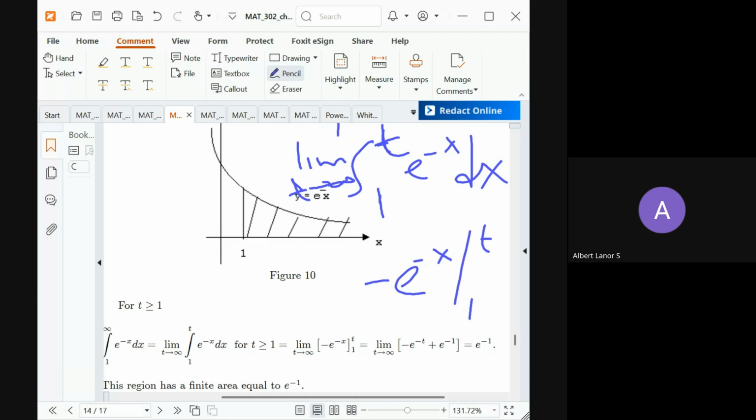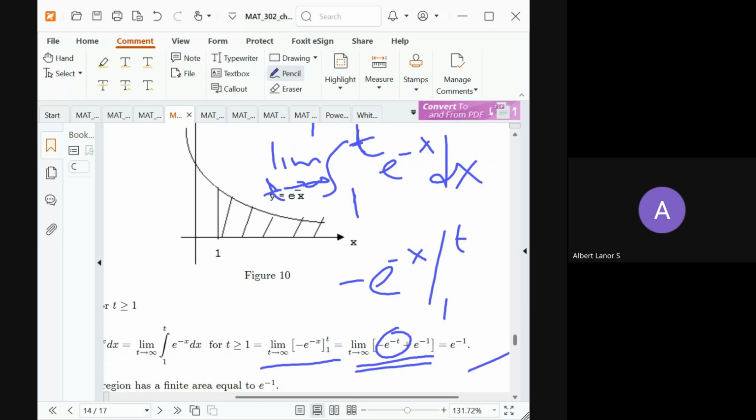So you have from 1 to t, giving you minus e to the minus t plus e to the minus 1. Then you find the limit of it. Now, as t goes to infinity, e to the minus t will be going to 0, giving you e to the minus 1.